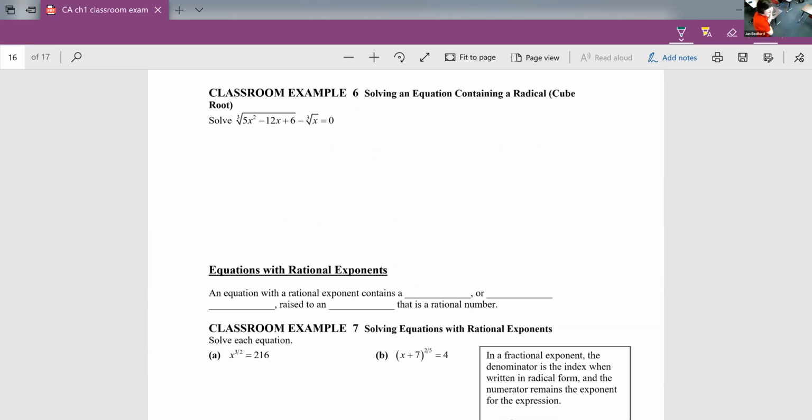This one has a radical. In fact, how many radicals does it have? 2. Now, how's this going to work when it says isolate your radical? Anybody have siblings? Did you ever have conflict with your sibling? Like, did y'all ever fight?